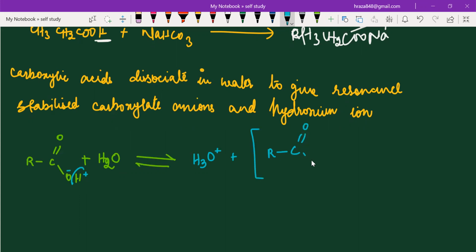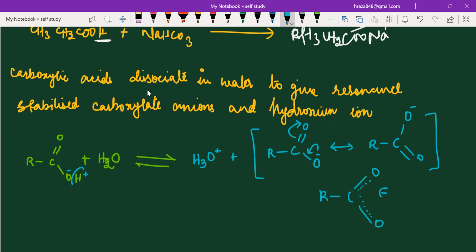RC double bond O minus, and then you can do the reaction like resonance like this, and this. Then the negative will go on this oxygen and the double bond on this oxygen. So this is your resonating structure, and you can also write it like this, and negative. So please do write it.